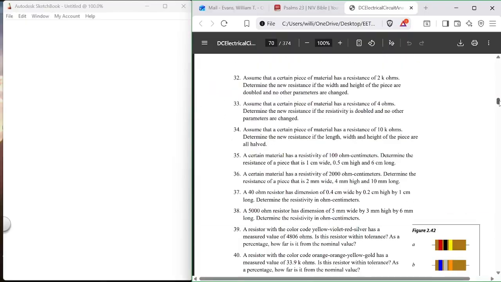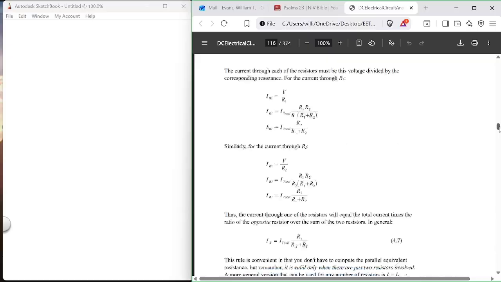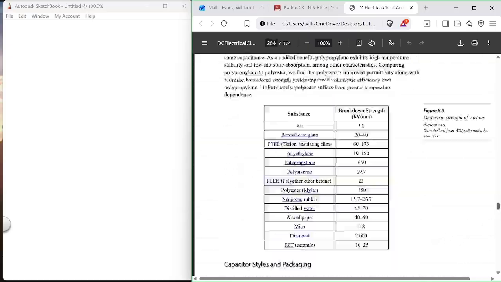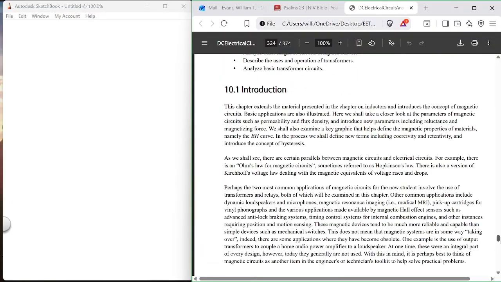So if you're just coming in, there is a lab kit and a lab number 1 for each of you.